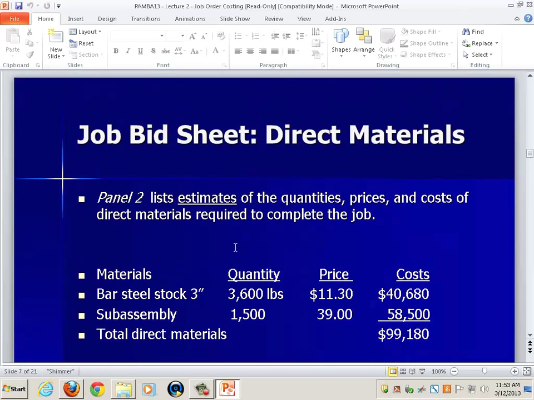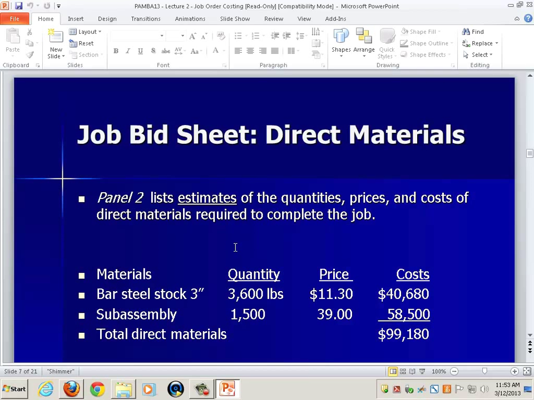Now we start by estimating the costs so we can bid. Obviously we start with the easier costs, which are the direct costs. Among the direct inputs are materials, and we want to estimate the direct cost of the materials.